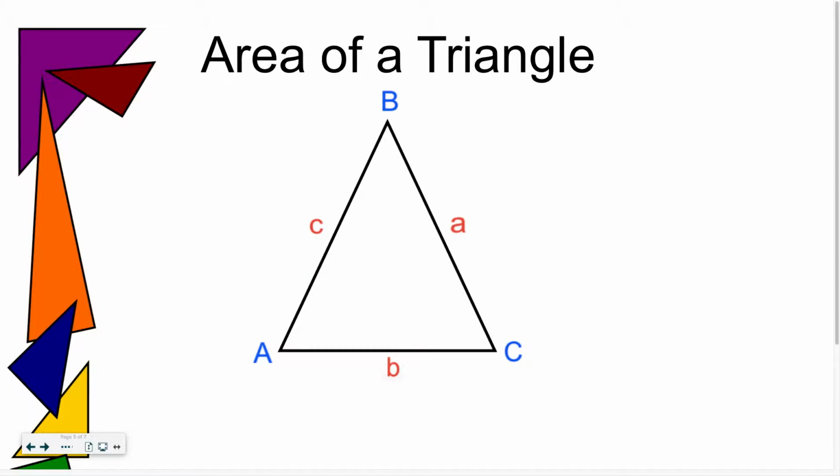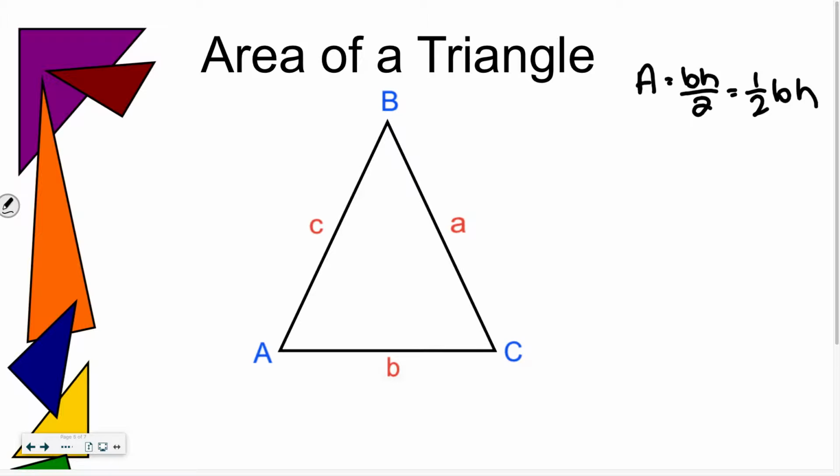Okay, one more thing we're going to talk about real quick is area of a triangle. Tell me what formula you know for area of a triangle. Okay, base times height divided by 2, or you might say 1/2 times base times height.